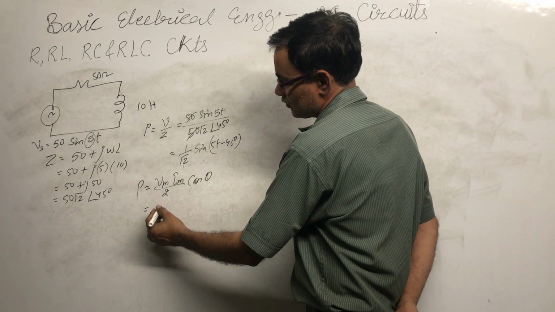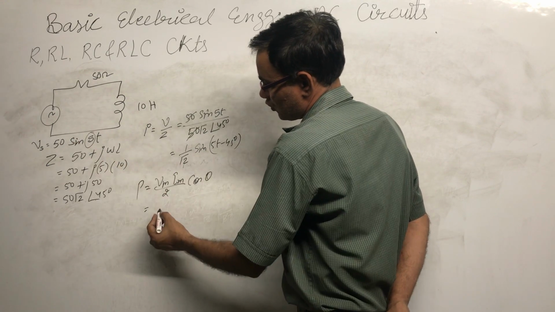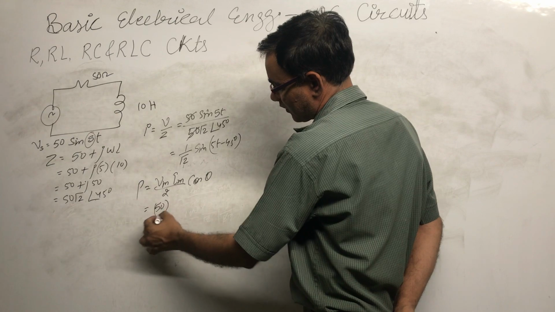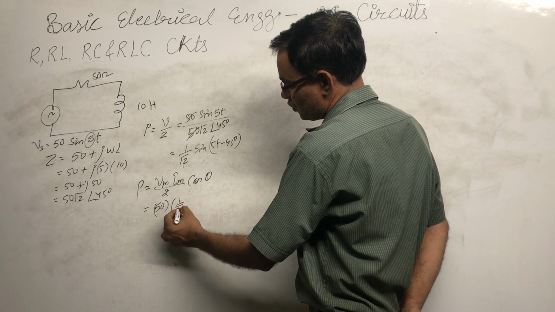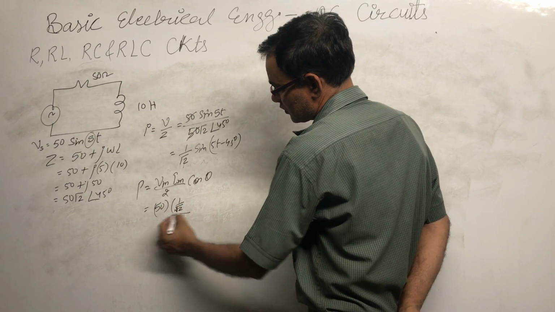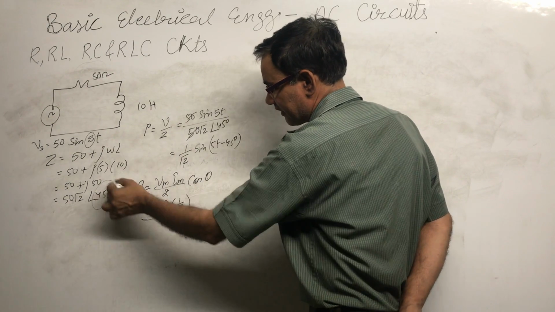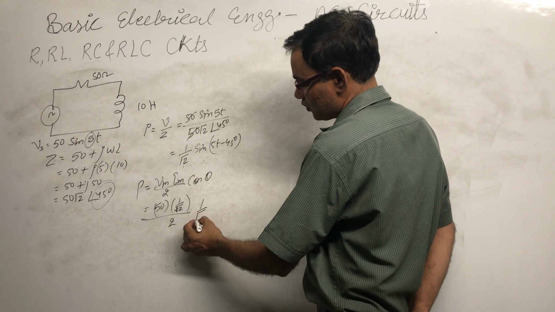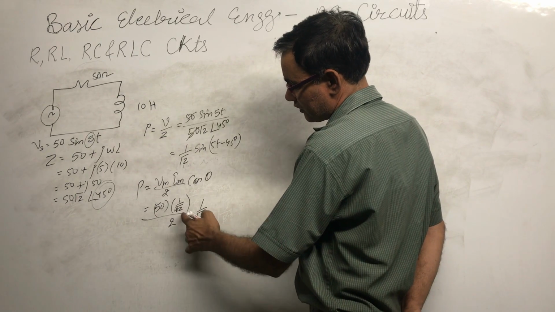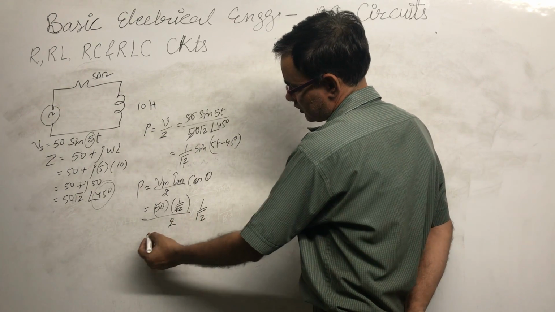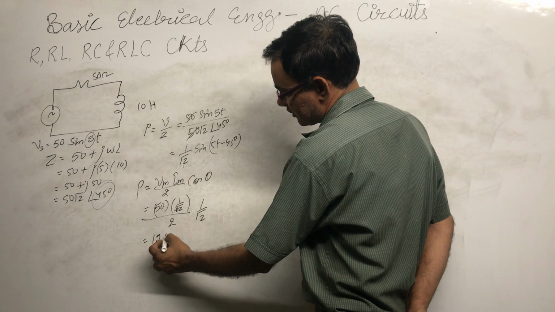So Vm is 50, Im is 1 upon root 2, divided by 2, and cos theta at 45 degrees is 1 upon root 2. So 1 upon root 2 times 1 upon root 2 is 1 upon 2, giving 4 in the denominator. So it is 12.5 watt.